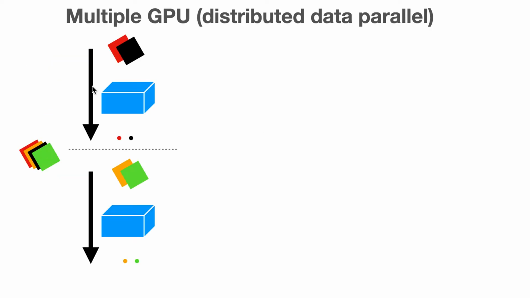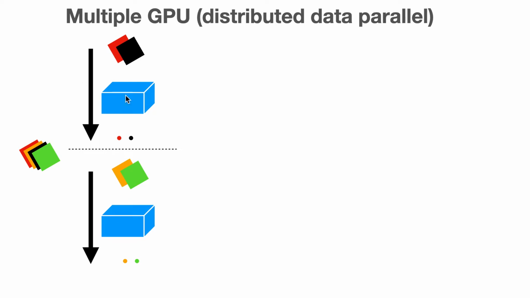Now let's move to multiple GPU training. In multiple GPU training, we are discussing distributed data parallel only. So we create multiple copies of the model on multiple GPUs. In this case, let's say we have 2 GPUs. We create 2 copies of the model, and then we distribute the batch, which is 4 in this case, across these GPUs.